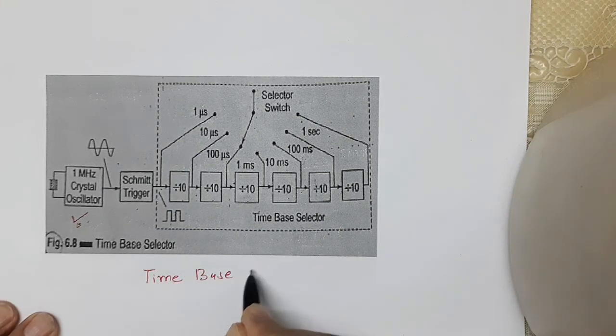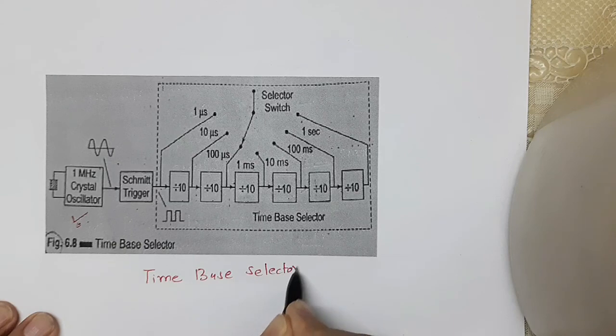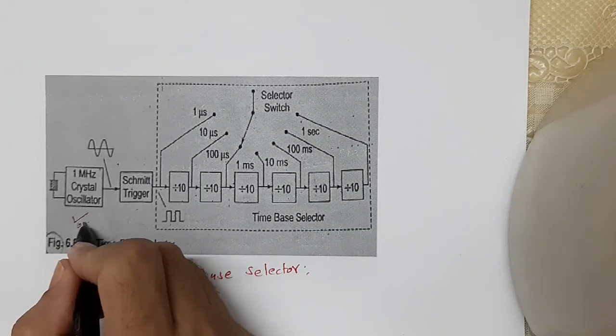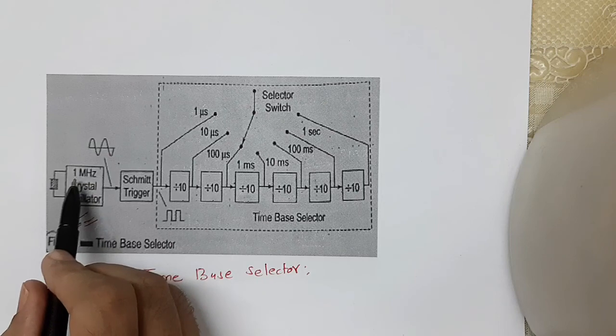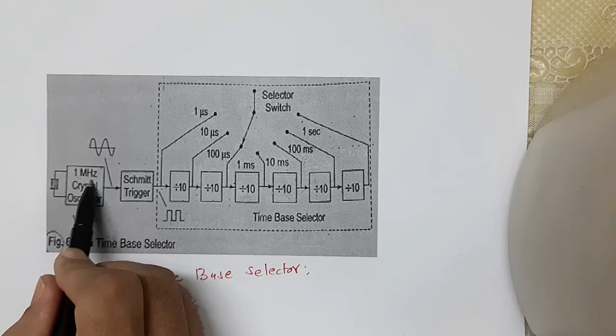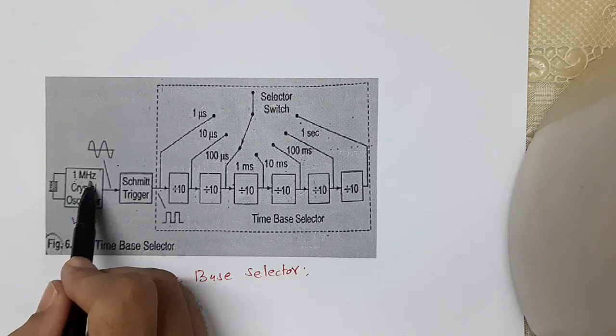So this is our time base selector. I repeat, the time base selector consists of a fixed frequency crystal oscillator. We fix the frequency here at 1 megahertz.